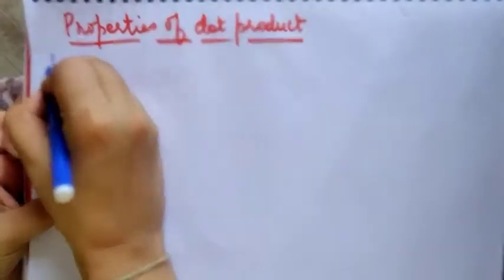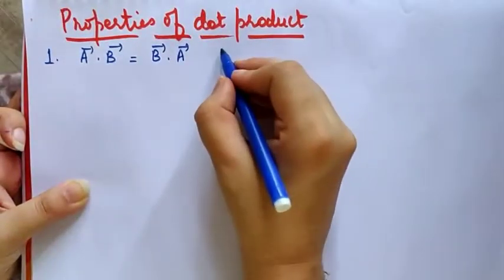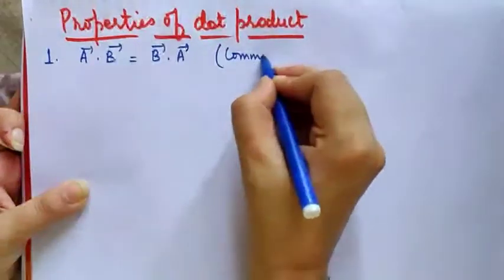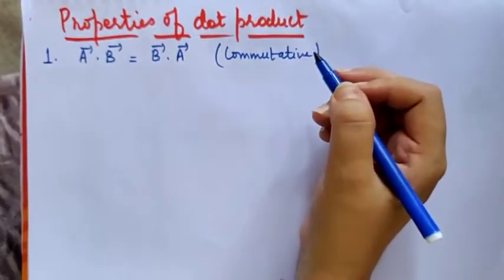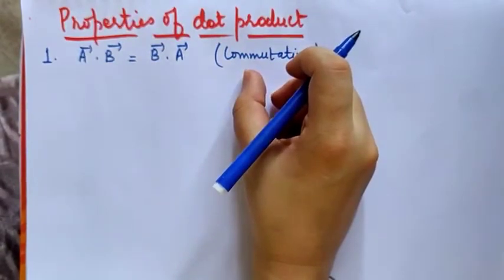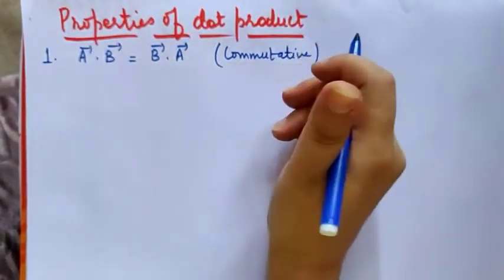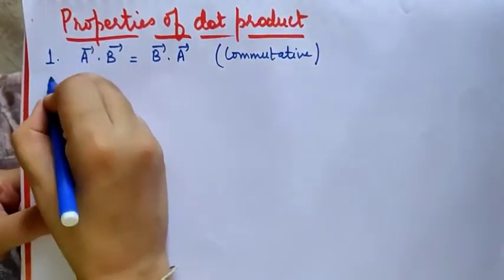Explaining property number 1: A dot B will be equal to B dot A. That means the law is commutative, meaning the operands commute. How do they commute? Either you are doing A dot B or B dot A, both will lead to the same answer. So dot product is a commutative law.